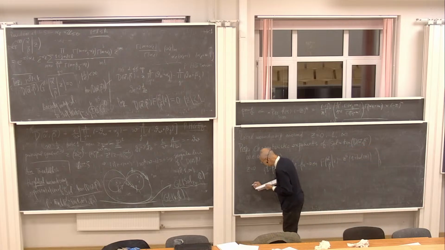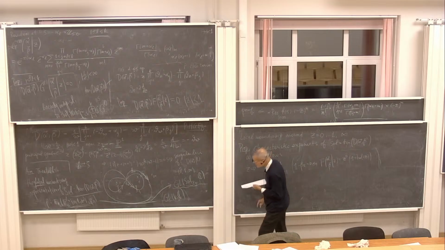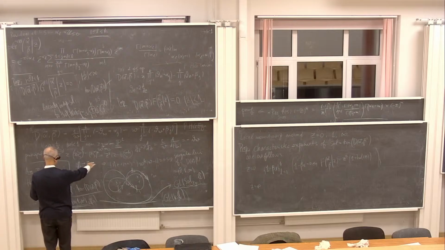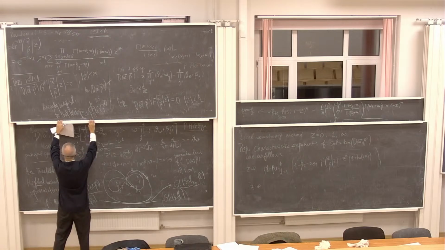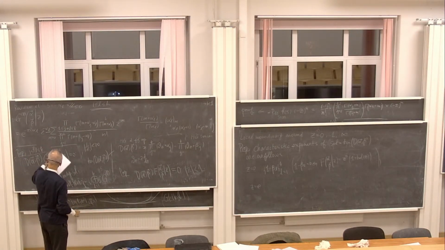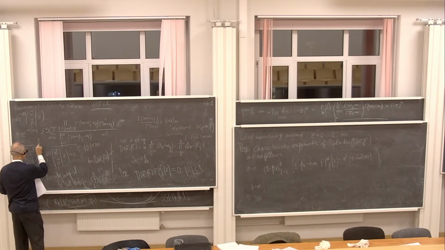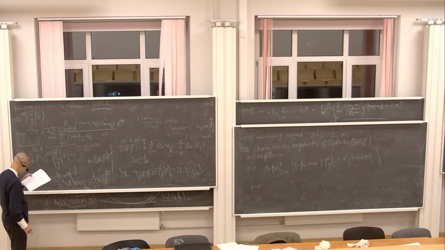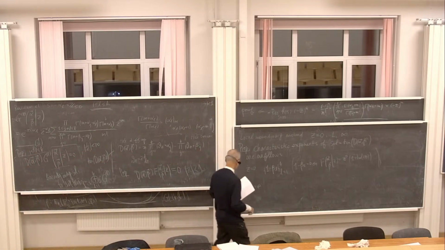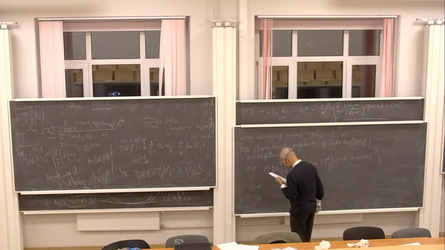At z equals infinity, we have already calculated it. If I consider 1 over z as the coordinate, then it is minus alpha_l.